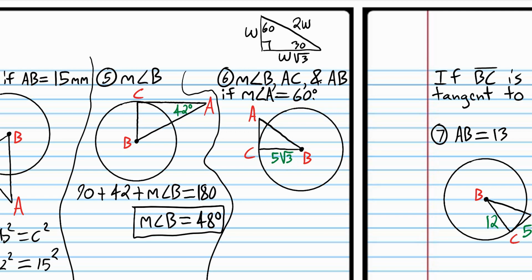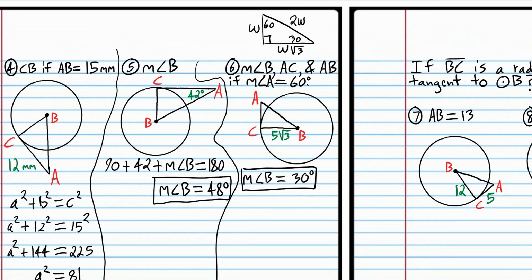So obviously, well, let's do the easy part, or the first part. Measure of angle B, we already figured that out. That's 30 degrees. There's not really a lot of work you have to show for that. And AC, if this is 5 root 3, if this is W root 3, then this is W. So W is 5, so AC would just be 5.